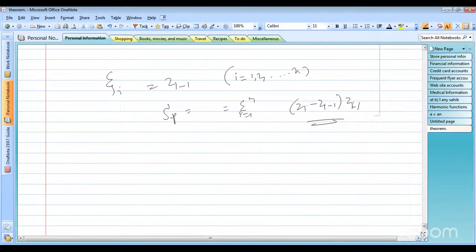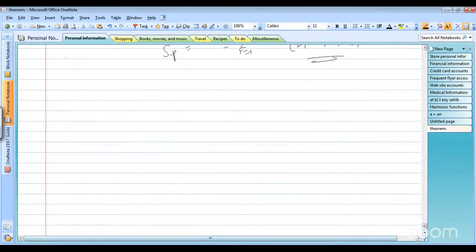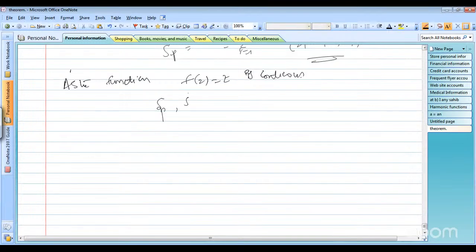As the function f(z) = z is continuous, it is integrable, and by definition both approximating sums S_p and S'_p tend to the same limit, as the modulus of p tends to 0, the integration over c of f dz.